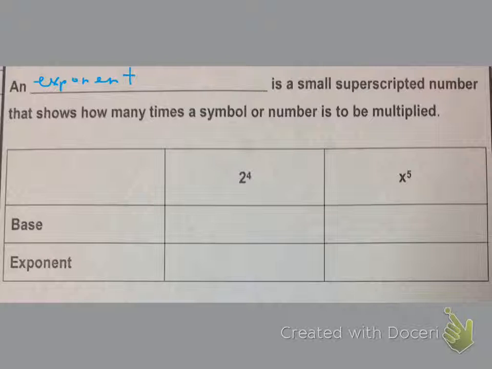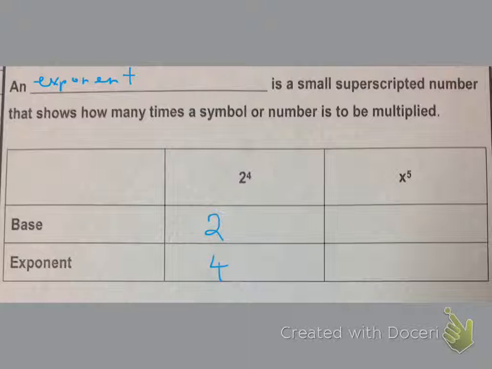If you're looking here, this is our exponent, that 4 right there. That exponent tells us how many times we're going to multiply something. You're going to identify your base, and then identify your exponent. The base is 2, and the exponent is 4.